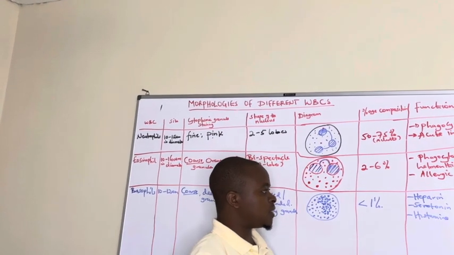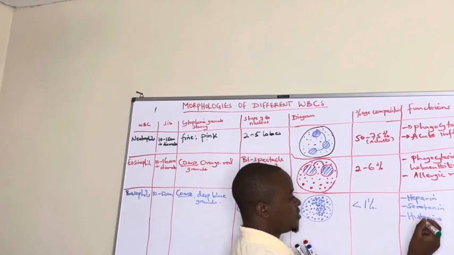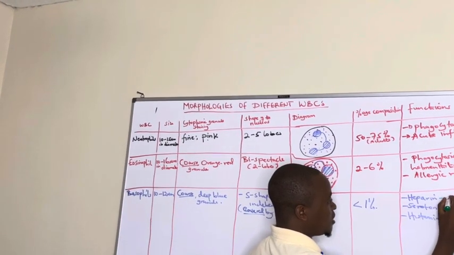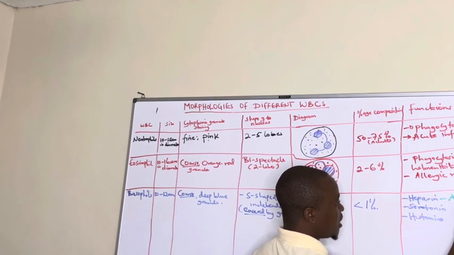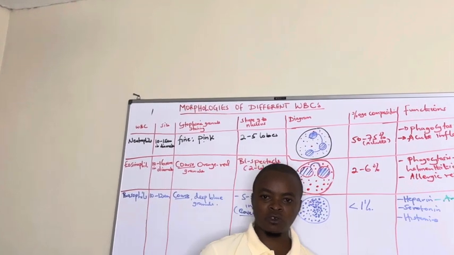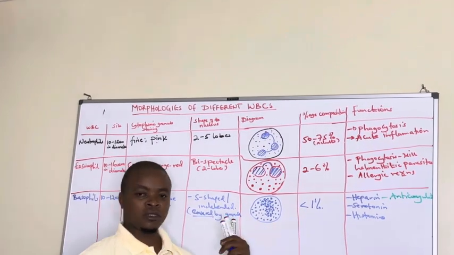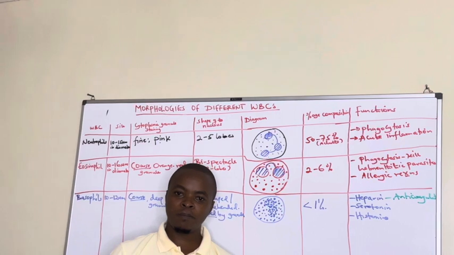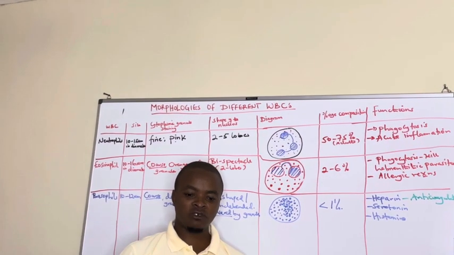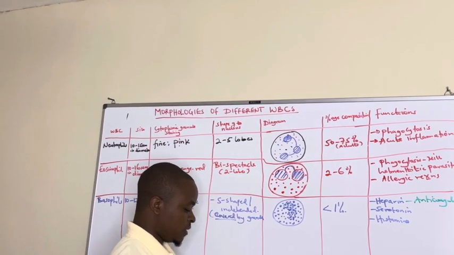These participate in allergic reactions. Heparin is an anticoagulant, so it stops blood from clotting. That's why our blood cannot clot, because of the presence of the basophils. These basophils in tissues, we call them mast cells.